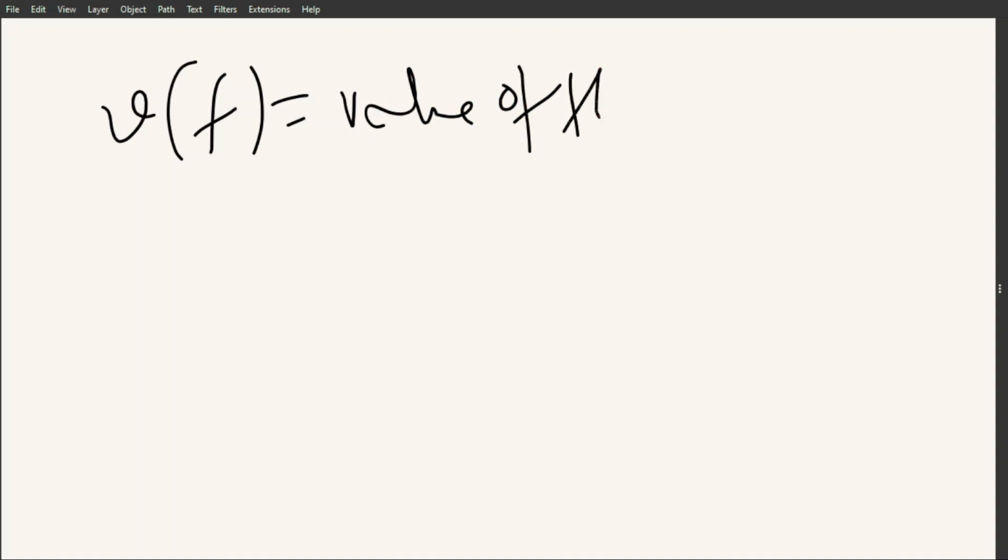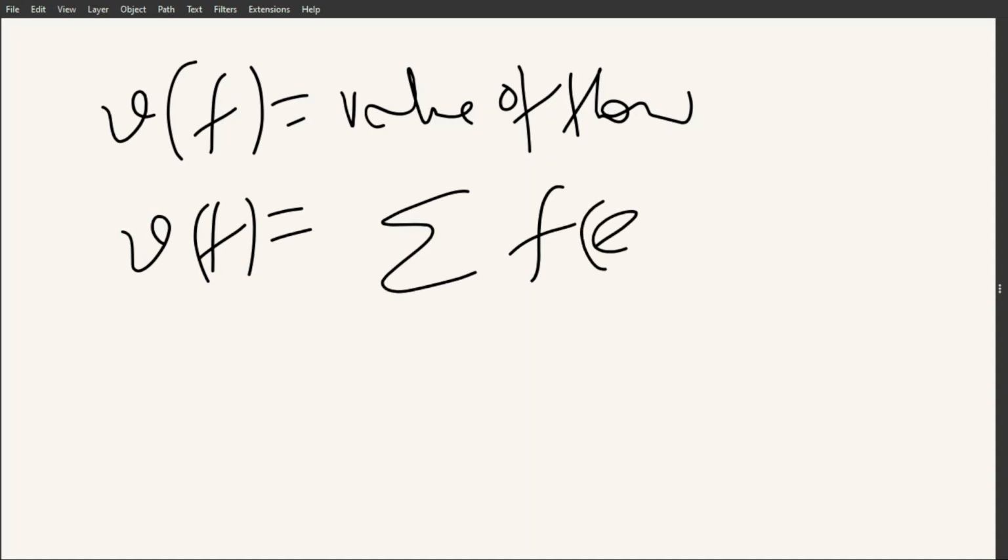So this is simply the flow generated at the source. Vf we define as the sum of all Fe, E out of S. So how much flow the source is generating. This is the definition of value of the flow.